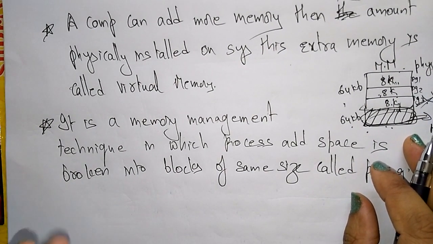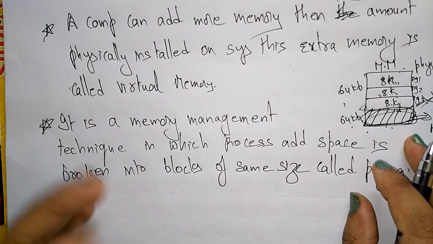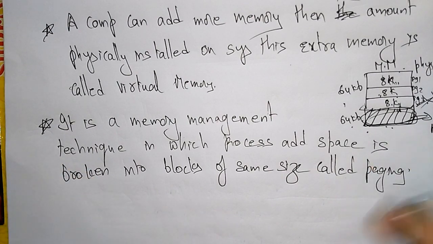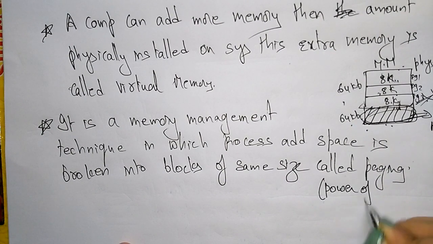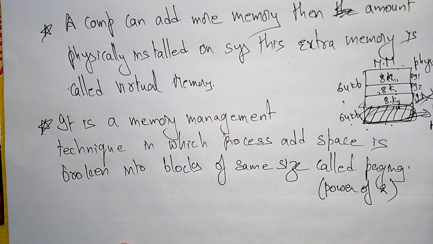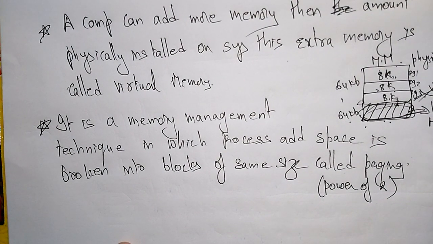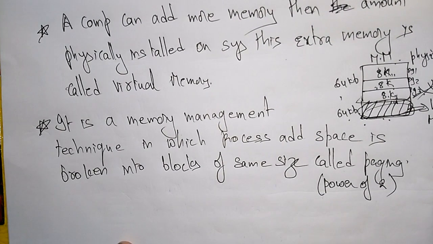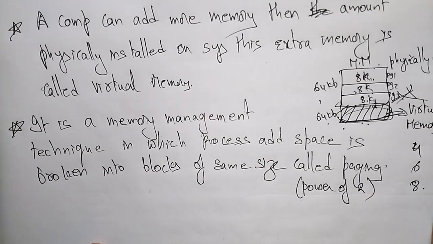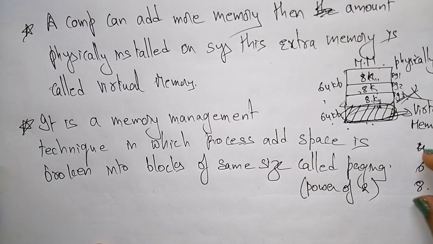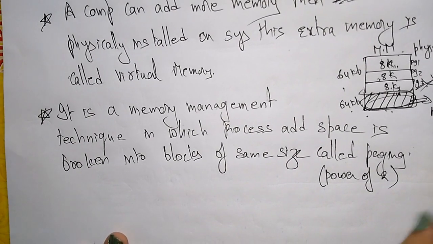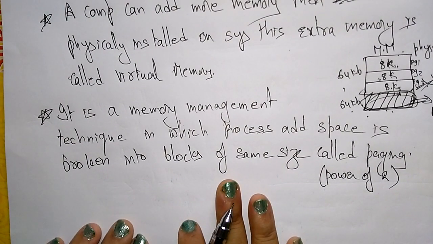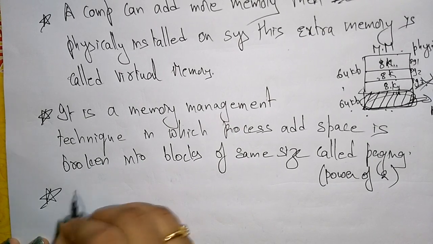Here the page size is a power of 2. It should always be a power of 2, like 2, 4, 8, and so on. So the block size will always be a power of 2. The size of a process is measured with the help of the number of pages.